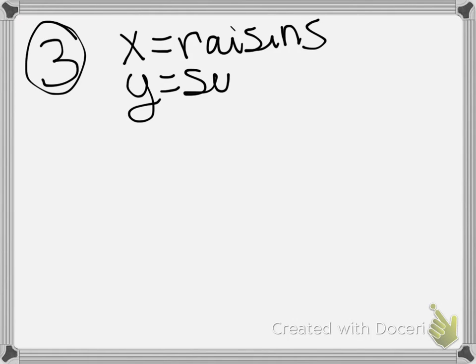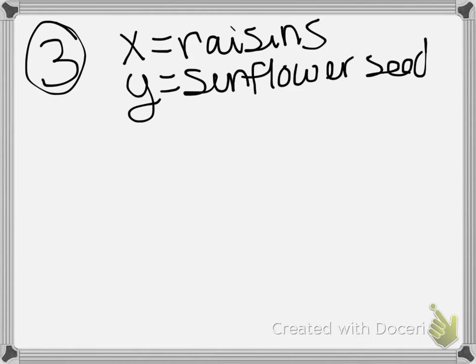So again, I want to start by defining variables. So I'm going to say x is my raisins, and y is the sunflower seeds. And these are in pounds, right? So we're talking per pound. Well, per pound does sound like a rate. We have multiple ones.